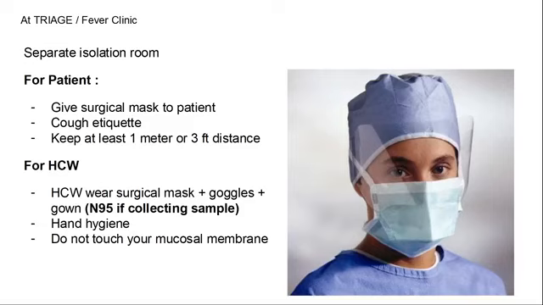That way of indirect transmission is called transmission through fomites, and that's also very important. That's why, besides your mask and your goggles, it's equally important to maintain safe hand hygiene.